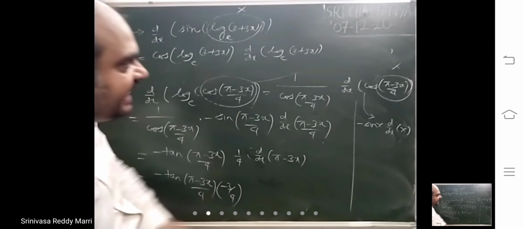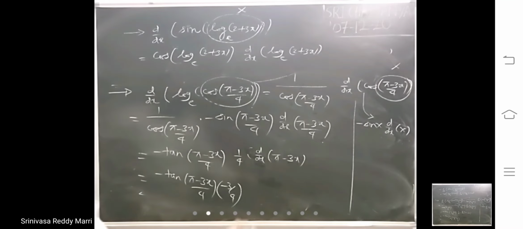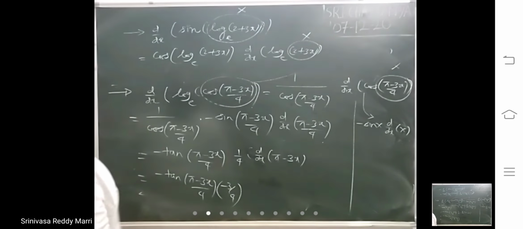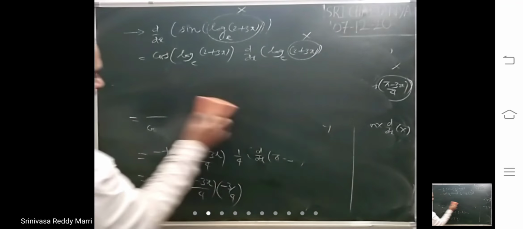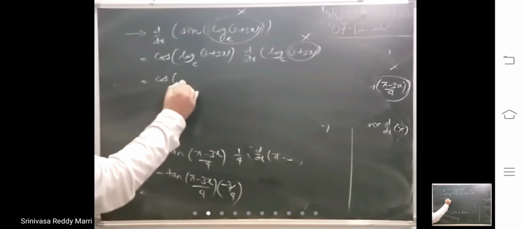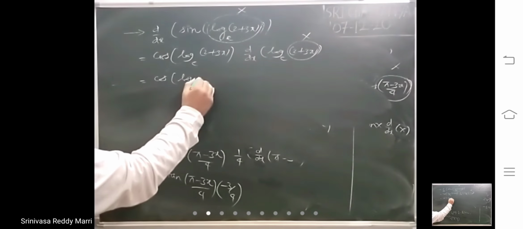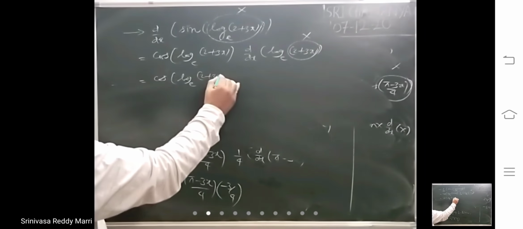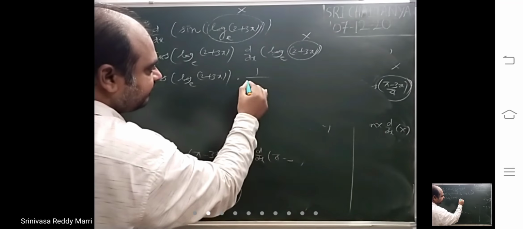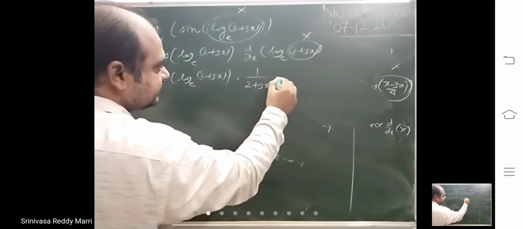Again fresh, you got another derivative. So now log x, whatever the inside is, that is capital X. So log x is what? 1 by x. This is 1 by capital X you will write. 1 by capital X means, what is capital X?